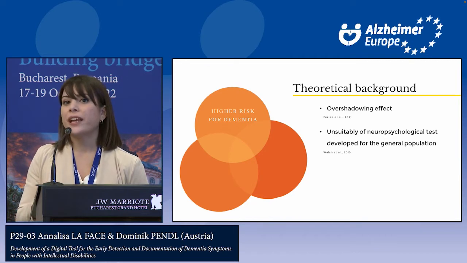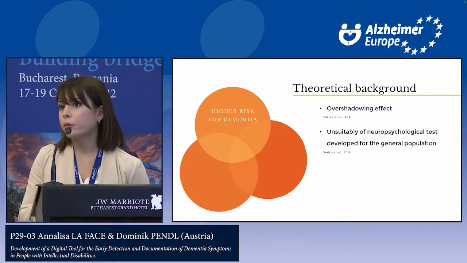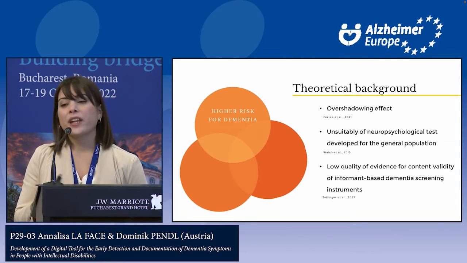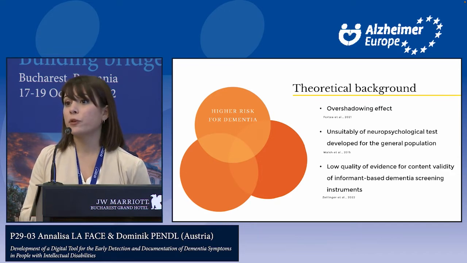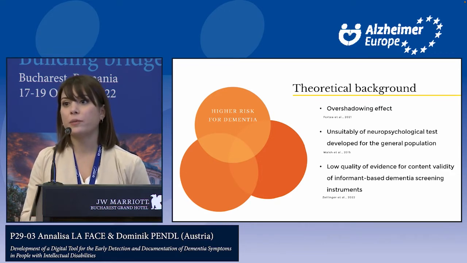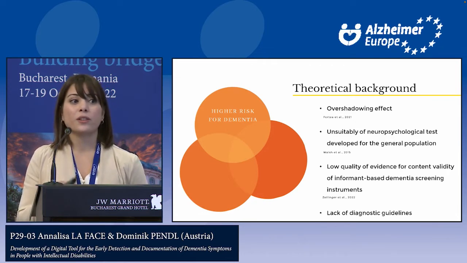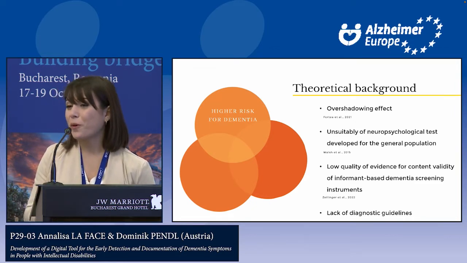We could have problems with floor effects, and there are no normative data, so they are not usable. And other instruments, such as questionnaires filled in by formal caregivers, are not always reliable because they rely on the capability to observe the symptoms in a person. We also have a lack of diagnostic guidelines that we hope we can overcome in the future.